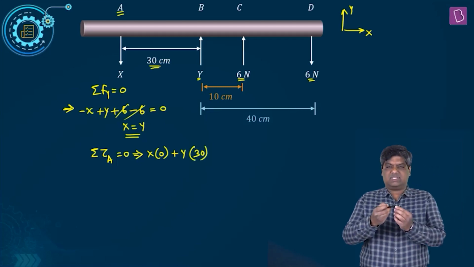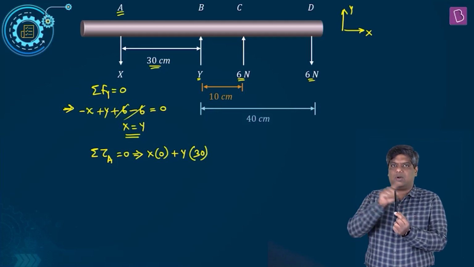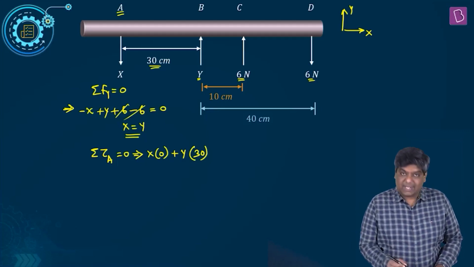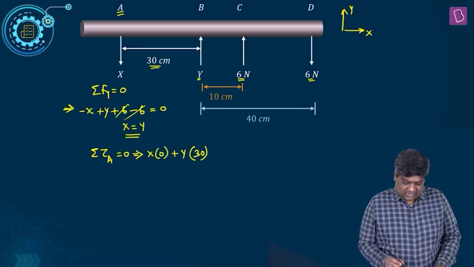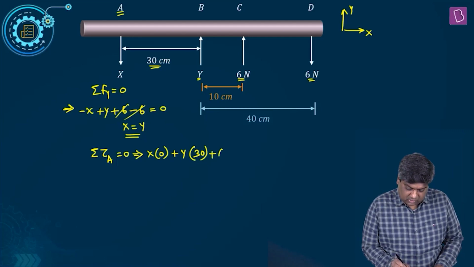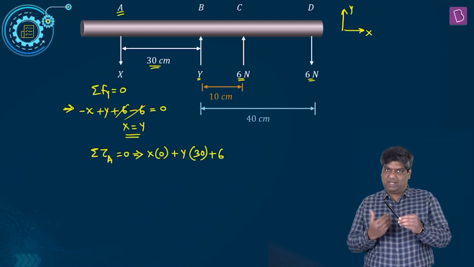Y plus, because this is point A and this is force y, and it is making the rod go anti-clockwise, right? So anti-clockwise according to me, so I've taken it as plus. So y into 30. The 6 Newton force will also make it go anti-clockwise according to me, correct?